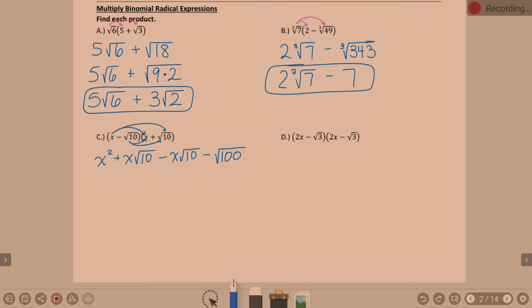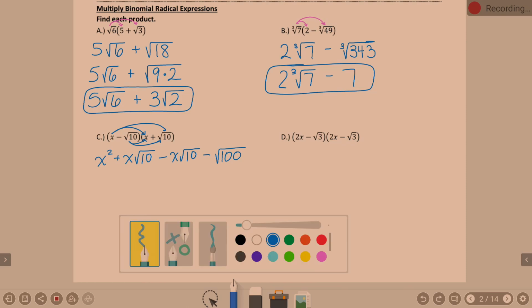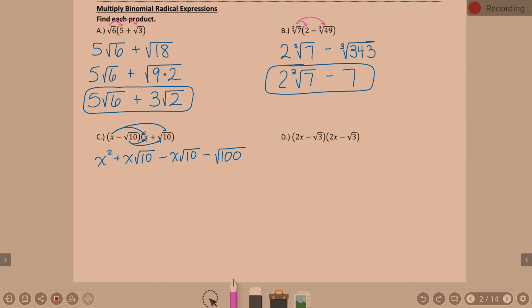Okay, guys. What kind of cleanup can we do? There's two very easy cleanup steps we can take. What do you notice about these middle terms? They're opposites, aren't they?